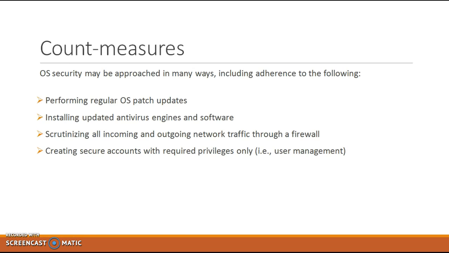As we discussed earlier in the previous slide, user management with respect to the roles should be very clear. We should be clear about the rights of the admin, the rights of the guest user, and the rights of the power user or the backup user. So these four things come under countermeasures.